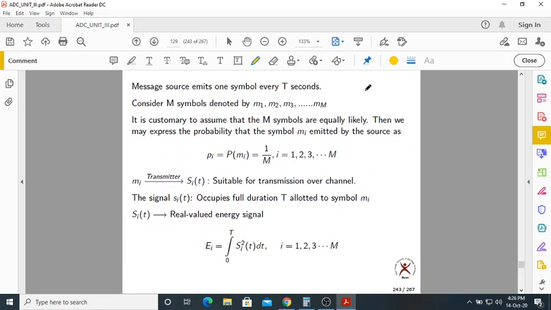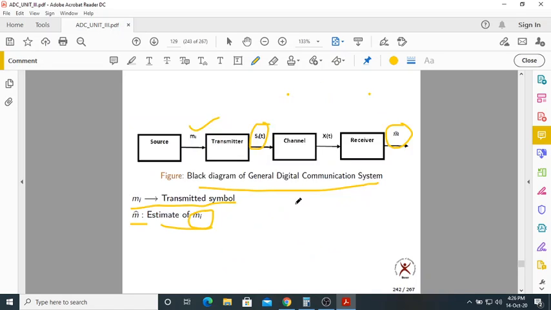Now, I will start briefly today. The message source emits one symbol every T seconds. The source gives one symbol for each and every T seconds. At each regular interval of T seconds, we get a new symbol. The symbol can be anything: M1, M2, and so on.